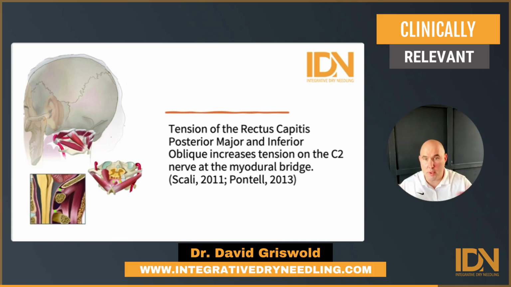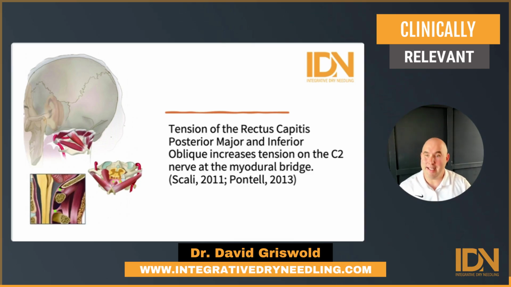So let's talk about the relationship of this. In the upper cervical spine, looking at the anatomy, when you have neural irritation you can get tension in the suboccipital muscles. That could be due to peripheral nerve irritation or dural irritation or central irritation as well.